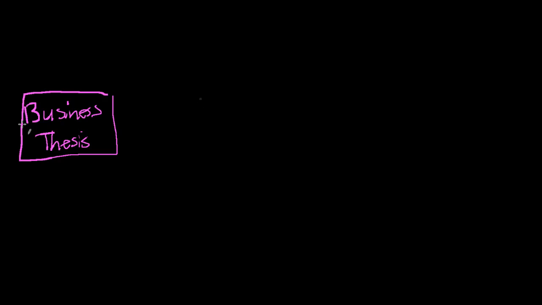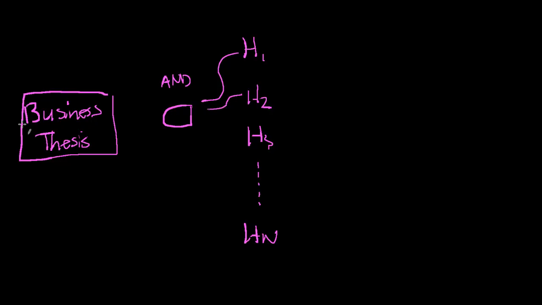Or to put it another way, you can come up with a bunch of hypotheses. So H1, H2, H3, all the way to Hn, right? You have a bunch of supporting things that all need to be true. So let's just, in engineering terms, stick an AND gate here. And all of these hypotheses need to be true for your business thesis to stand.